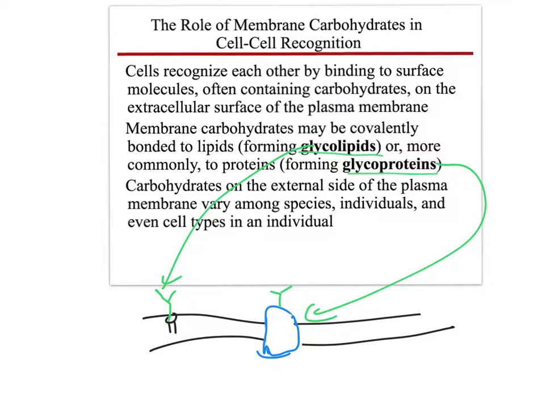There's a possibility of 4 blood types: A, B, AB, or O. The A and B, all it tells you is what carbohydrates are on your red blood cells. Here's your red blood cell.